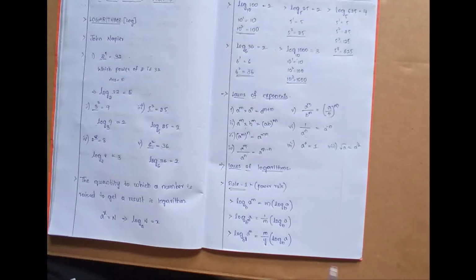And when we have both the logarithmic number and base with powers, the powers divide themselves and multiply the logarithmic number. Okay, it's clear.